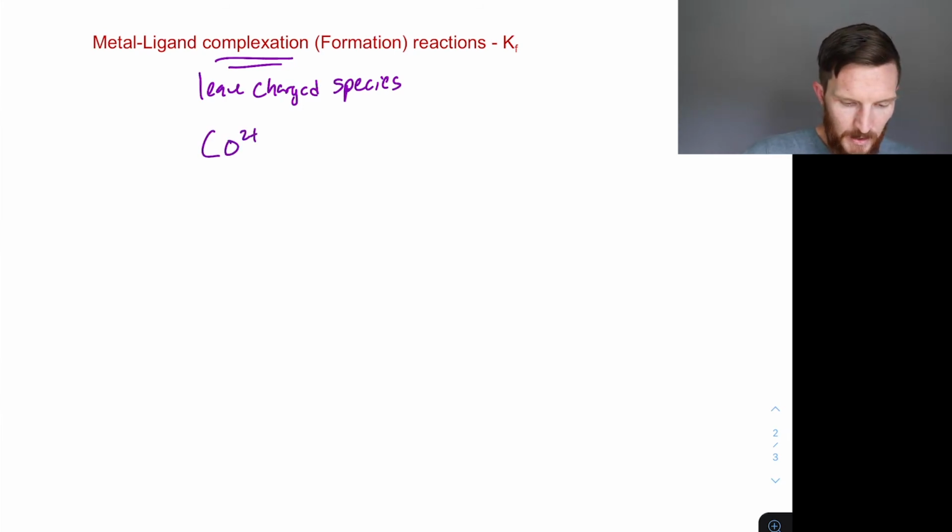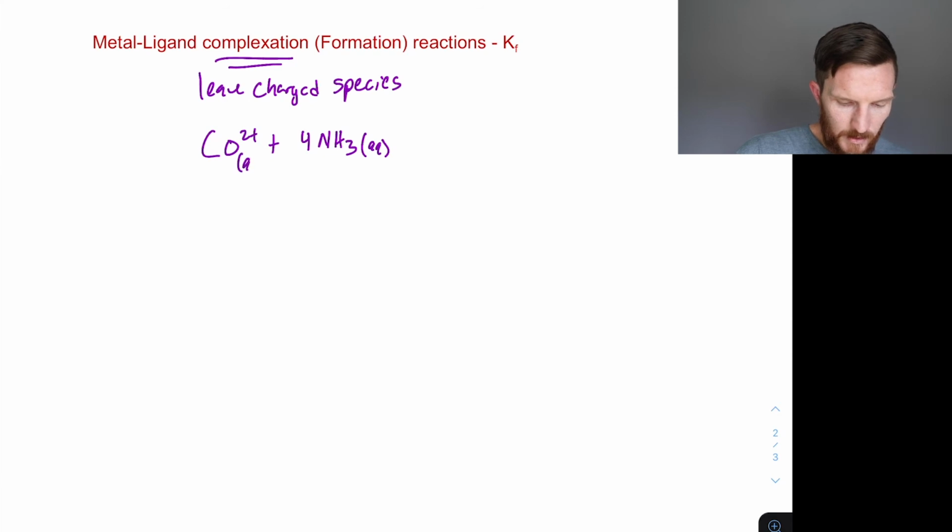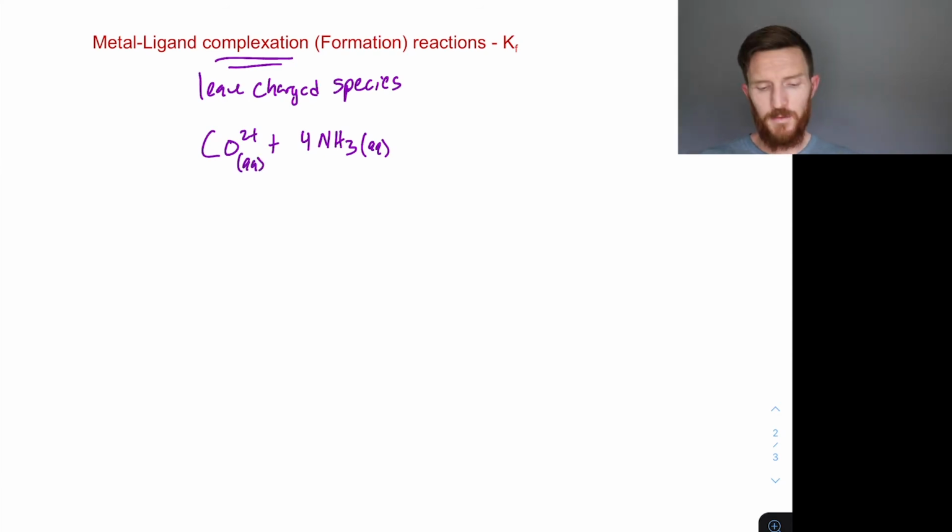For example of this, we can look at a cobalt ion complexing with ammonia. Ammonia is a neutral molecule dissolved in water. Now, as it's dissolved in water, and again we have a cobalt ion dissolved in water, it's not necessarily going to form a solid, a neutral ionic compound that precipitates out like we saw with our silver chloride.